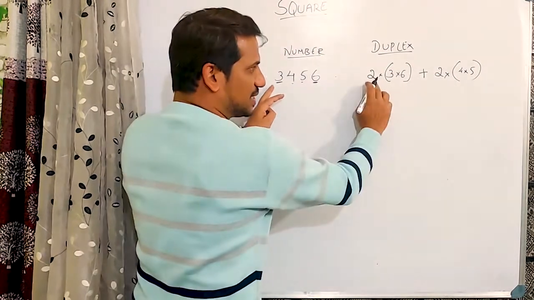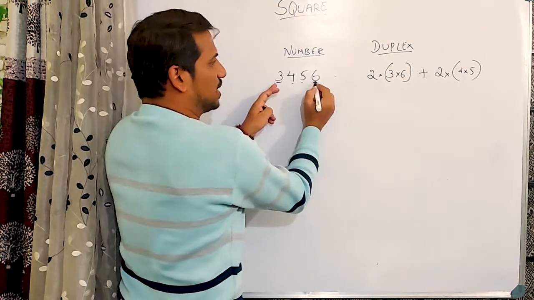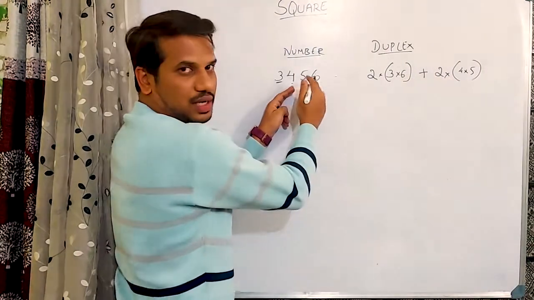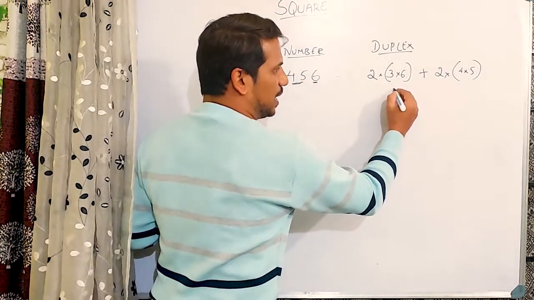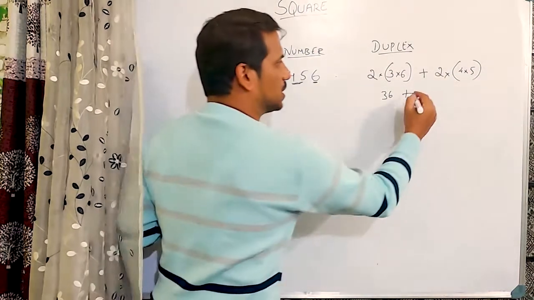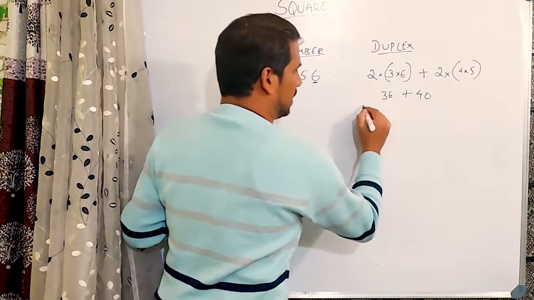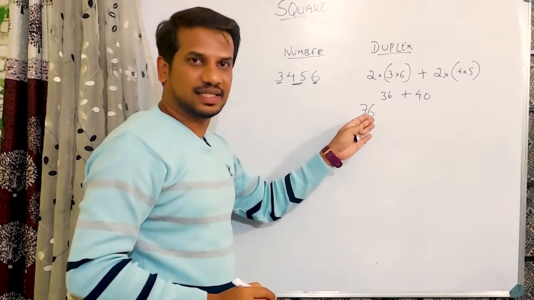So twice the product of the numbers at the extremities plus twice the product of the numbers in the middle, 4 into 5. This comes out to be 18 into 2, that is 36, plus 20 into 2, that is 40. So this is nothing but 76. So duplex of 3, 4, 5, 6 is 76.